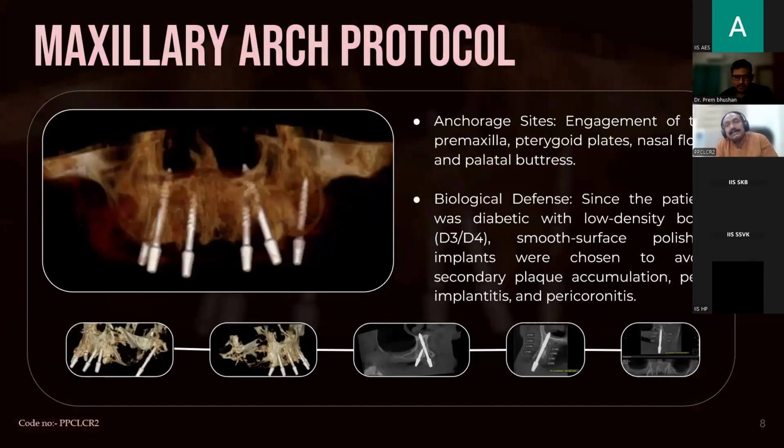See the anchorage sites: engagement to the premaxilla, pterygoid plates, nasal floor, and palatal buttresses. Why is it so? It is biological. Since the patient was diabetic, with almost D3, D4 bone, what I need is corticalization by these implants.